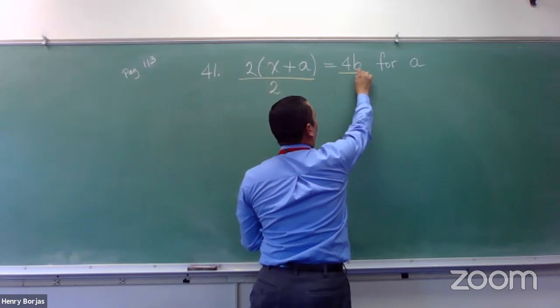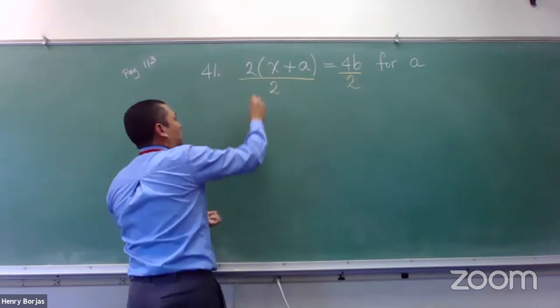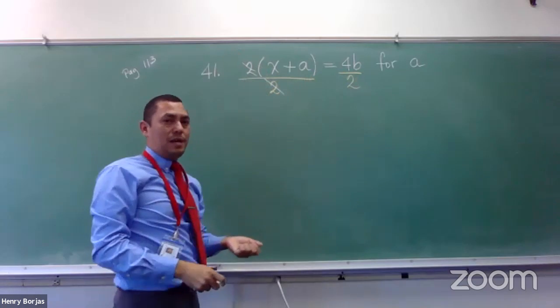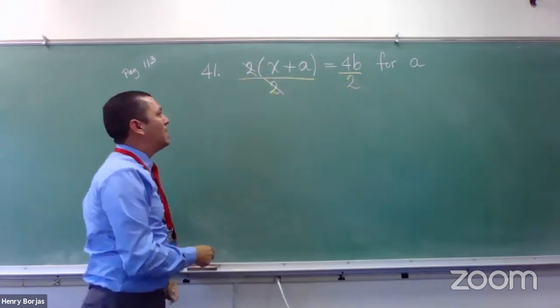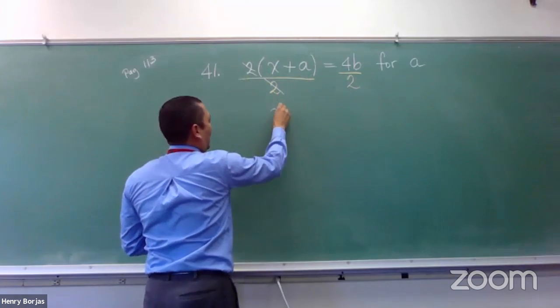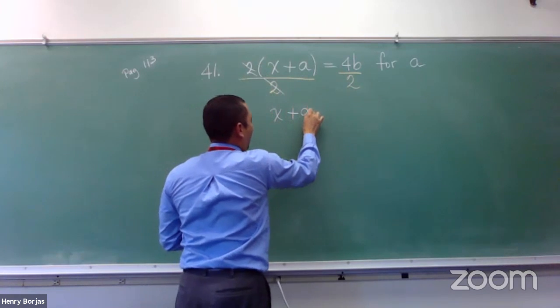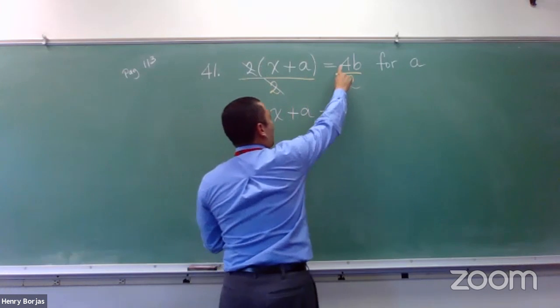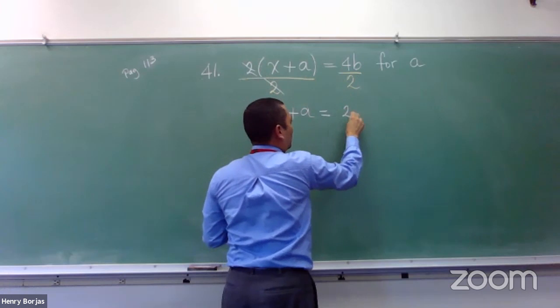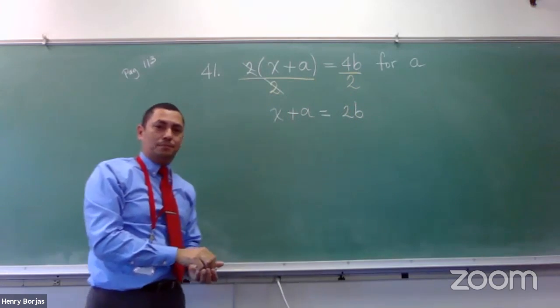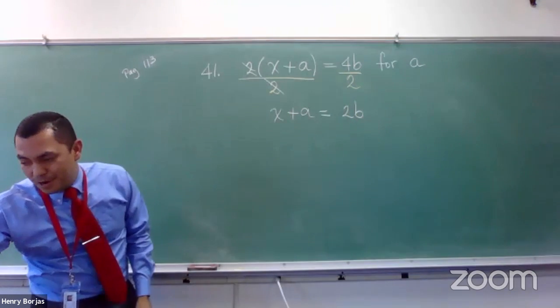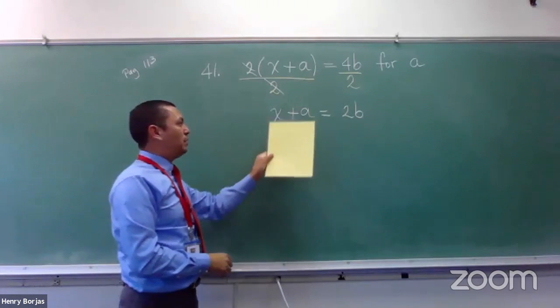So we divide by 2. So this 2 goes away. 2 divided by 2 is 1. So what I have now is x plus a equals 4 divided by 2, which is 2b. Remember what we are doing: we are solving for the variable a.